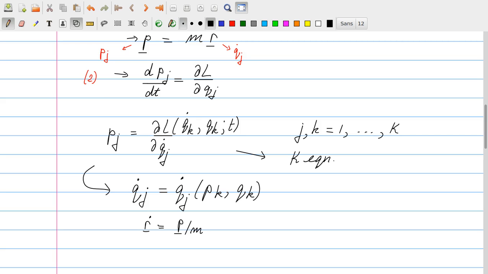So using this result we can throw all the qj dots out of the problem, and we can formulate everything in terms of momenta and positions.